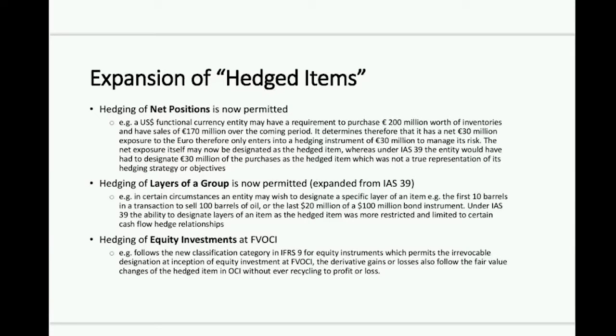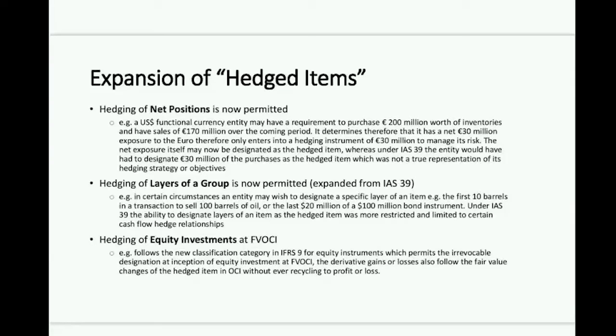The next item is hedging of layers of an item or a group of items. So again, all of these things are reflective of what is happening in risk management practices themselves, and we're simply accommodating how the hedge accounting is better aligned to that.